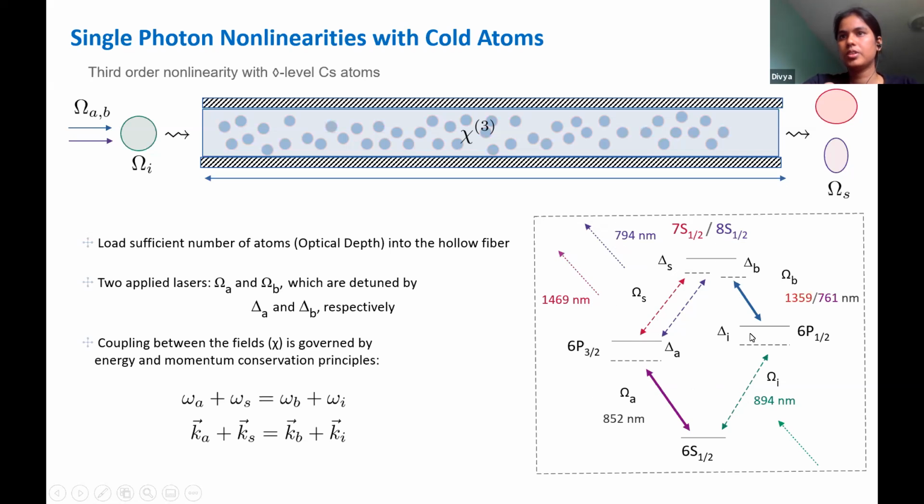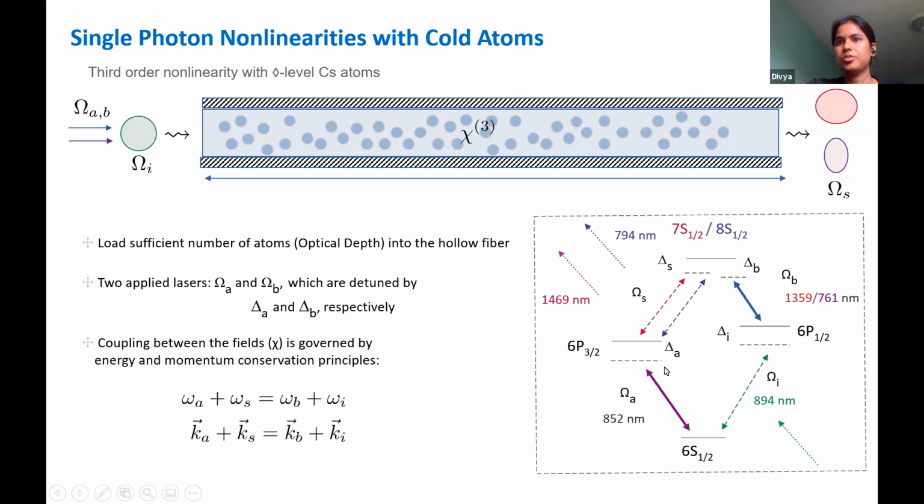Along with this, in order to conserve energy and momentum in this diamond scheme, you have to supply two pump lasers, which are classical strong pump lasers around 852 and 761 nanometer wavelength.